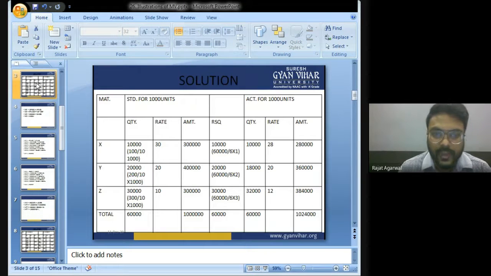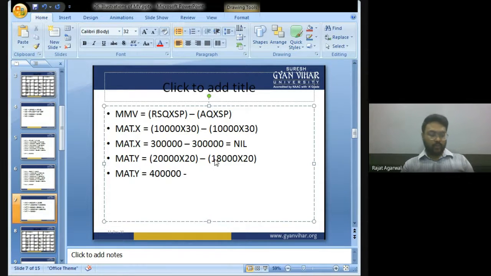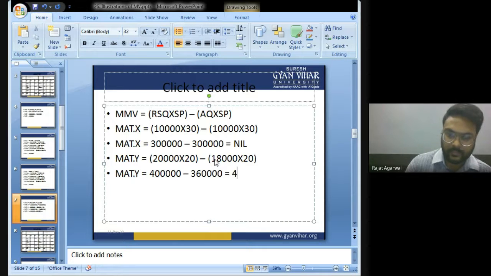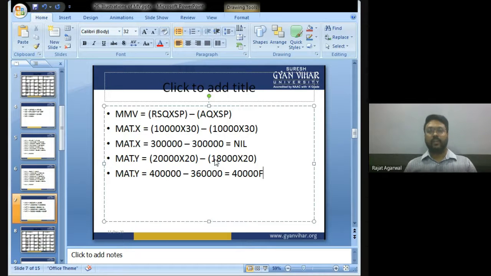Actual quantity of Y is 18,000 into standard price 20. 20,000 into 20 is 4 lakh, 18,000 into 20 is 3 lakh 60,000. 4 lakh minus 3 lakh 60,000, 40,000 favorable.